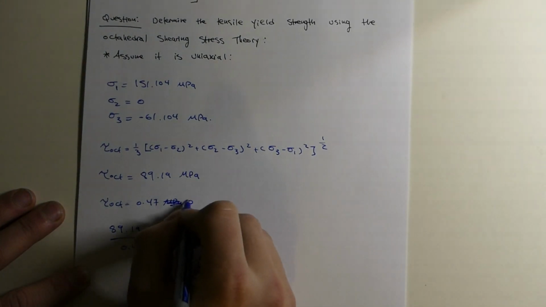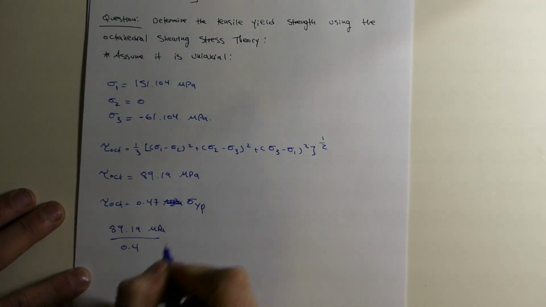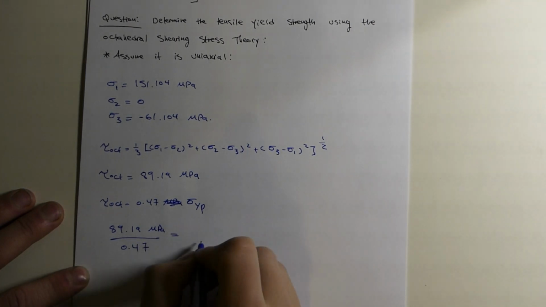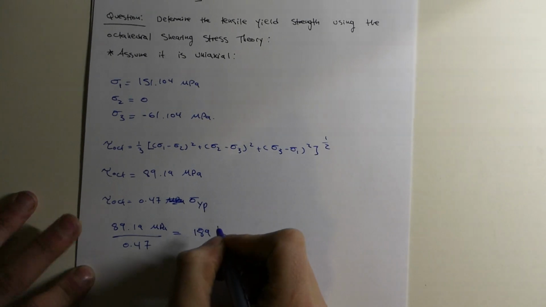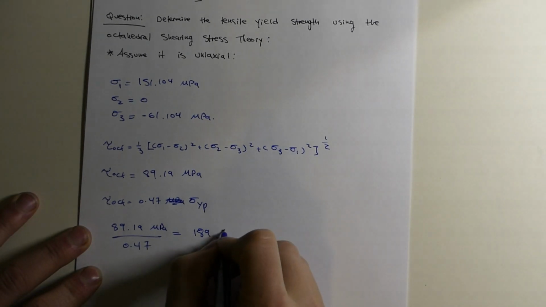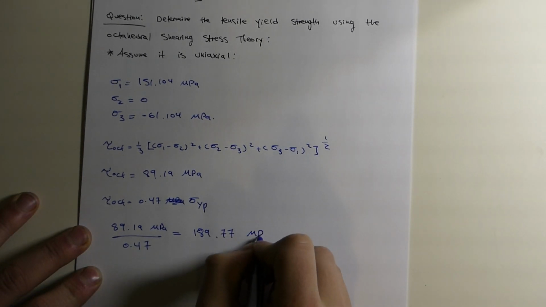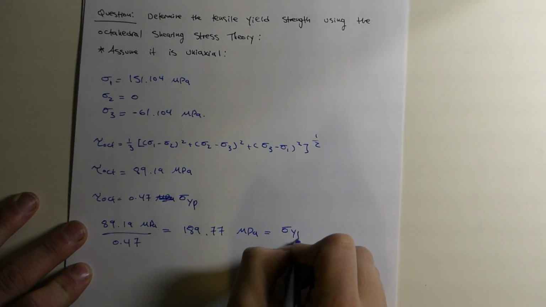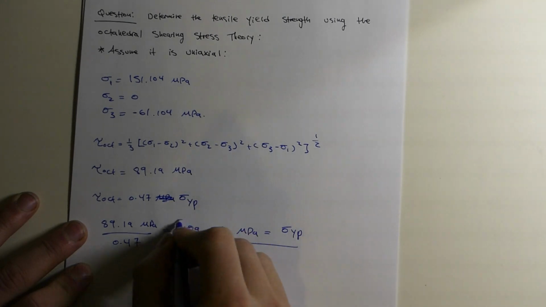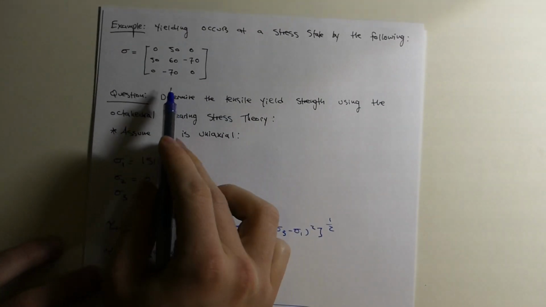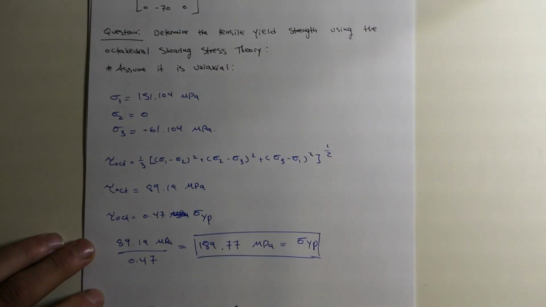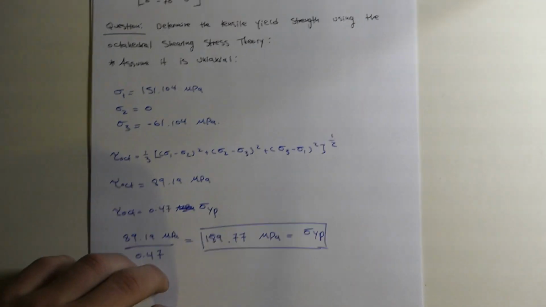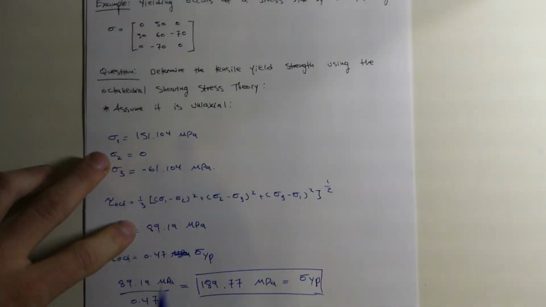Oops, that should be sigma yp. Sorry about that. And that is found to be 189.77 MPa. It's equal to the yield stress at this point here. So basically that's also a pretty basic method, and it's used to find the yield stress at a point given. Thanks.